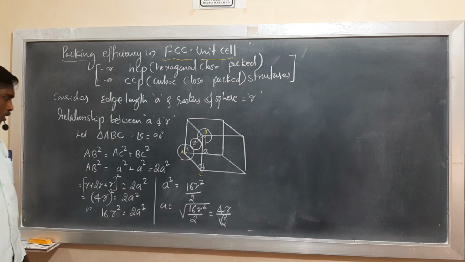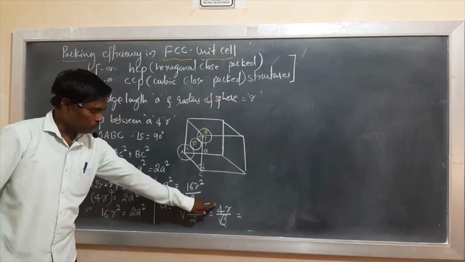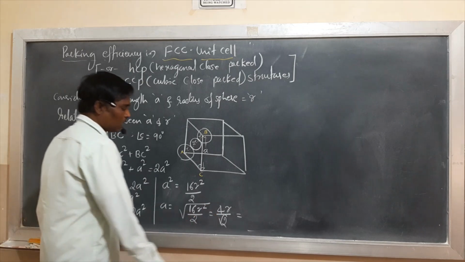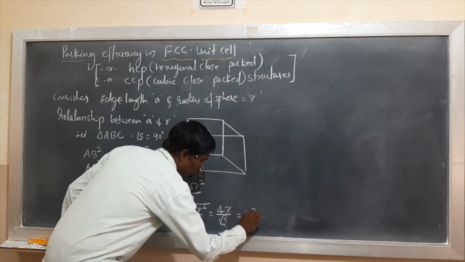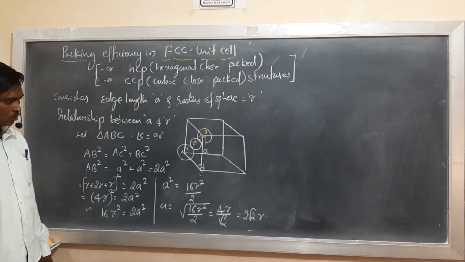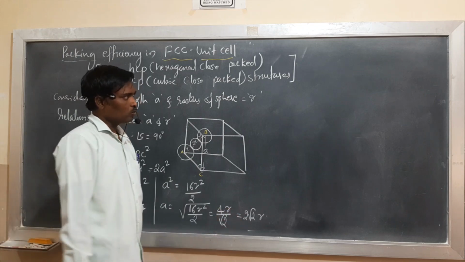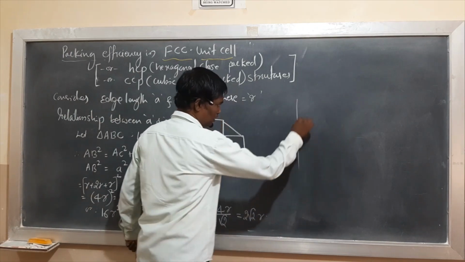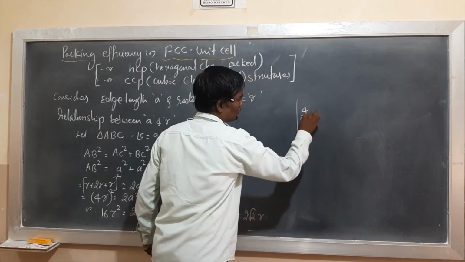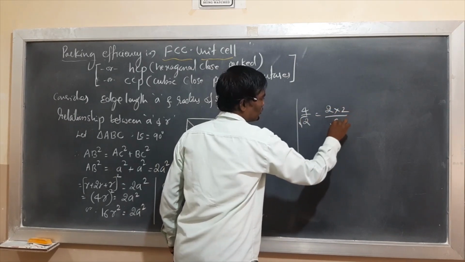Okay. Or we can also write this 4r by root 2 as 2 root 2 into r. Okay. So let me show you how we wrote this 4r by root 2 as 2 root 2. So this 4 by root 2 can be written as 2 into 2 divided by root 2.